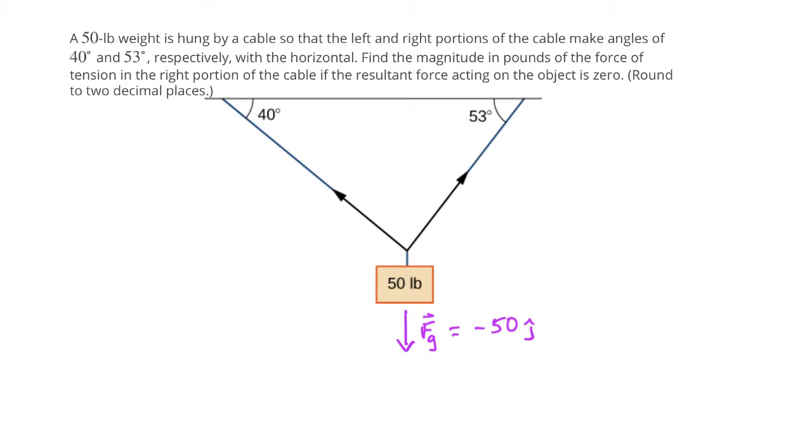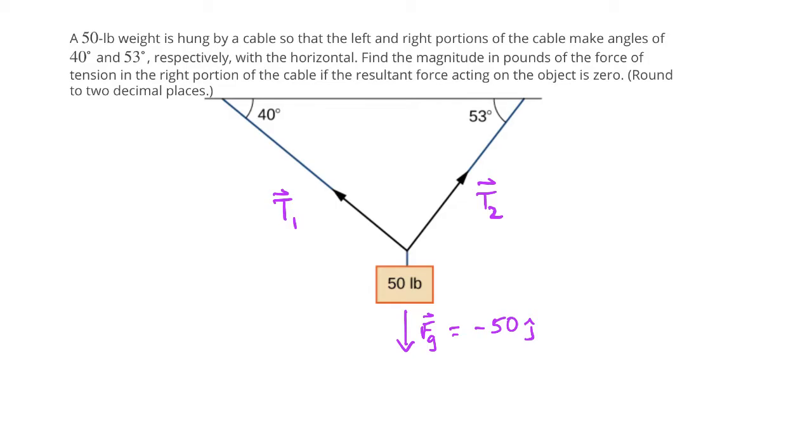Now our other two vectors that we're going to have in this problem, we've got a tension T1, or T2 rather, let's make T2 on that side, and a tension T1 on the left-hand side. So these are the forces in the rope that are pulling up on the weight as gravity is pulling down.